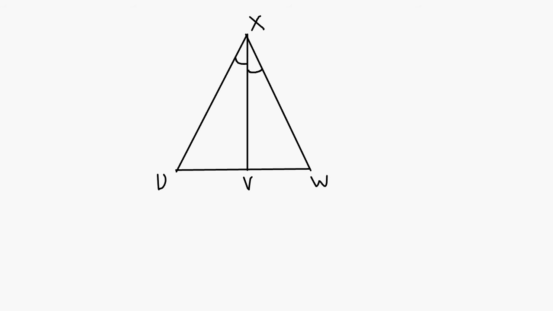Is that a U? That's a U. It says determine if you can use angle side angle to prove that triangle UVX is congruent to triangle WVX.